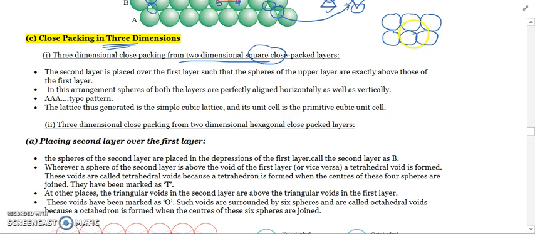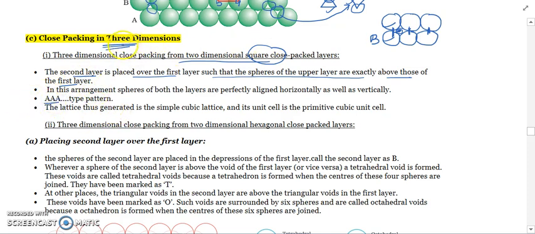Remember, not in the dip. When we arrange the spheres of the B layer along the dip, then we get the hexagonal close packing. The second layer is placed over the first layer, such that spheres of the upper layer are exactly above those of the first layer. This is first layer, this is second layer, just above the first layer. This is an AAA type pattern.